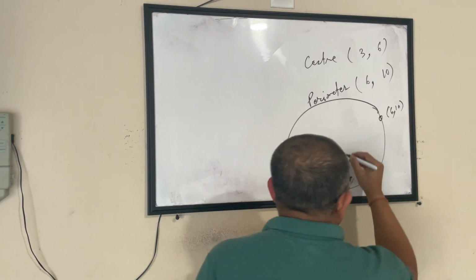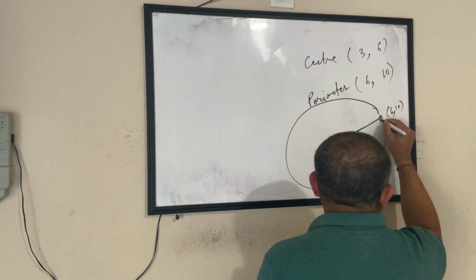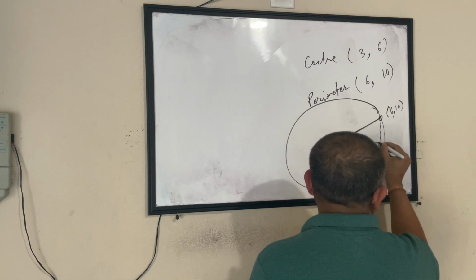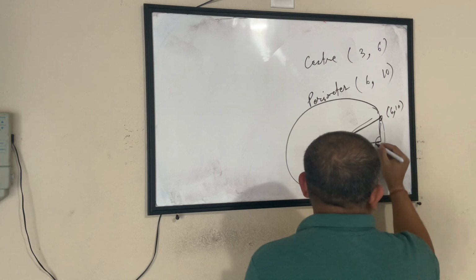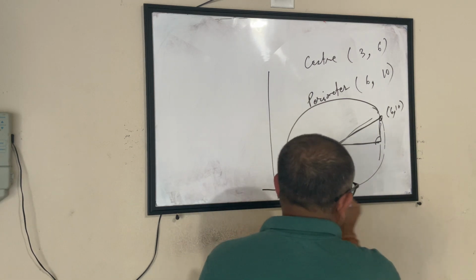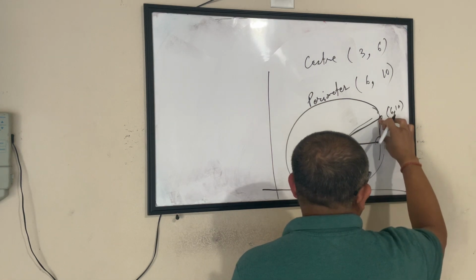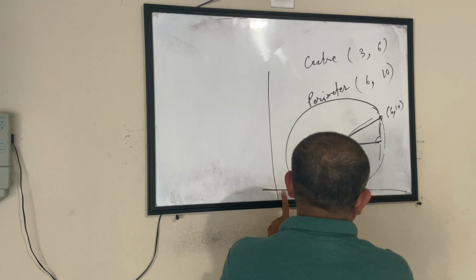You are saying okay, fine, I will join these 2 points, and from here I will draw a perpendicular downward, and from here I will draw a perpendicular this way, and that makes a right angle triangle for me. And if I visualize this in the coordinate plane, this length squared plus this length squared will be this, and this length is nothing but this minus this.